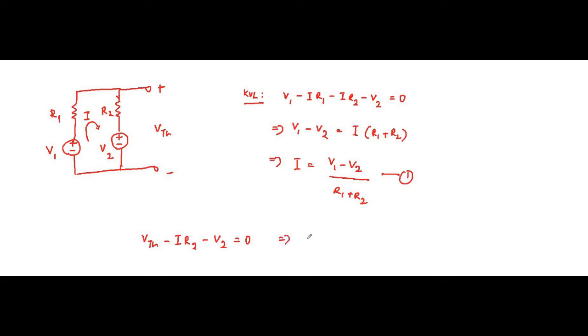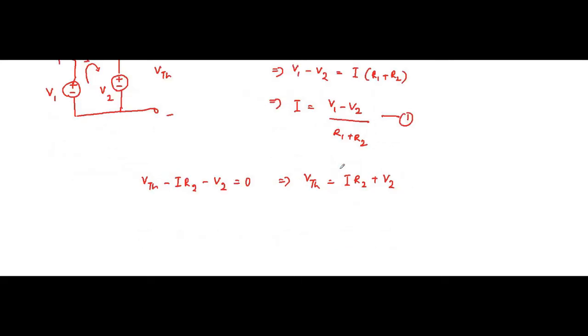That implies VTH is equal to IR2 plus V2. Here, in place of I, we substitute this value, V1 minus V2 by R1 plus R2. That implies VTH is equal to V1 minus V2 by R1 plus R2 into R2, plus V2.